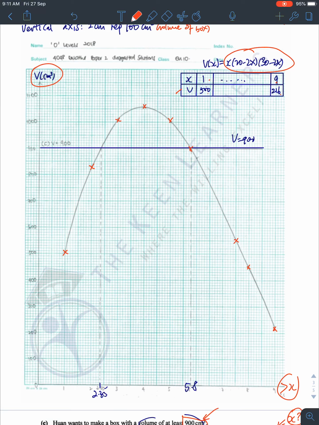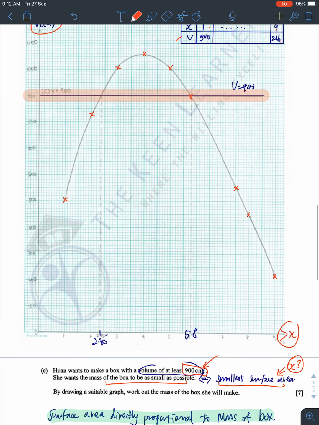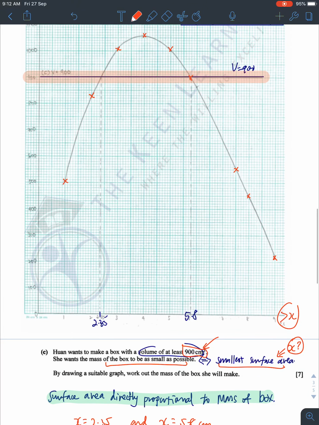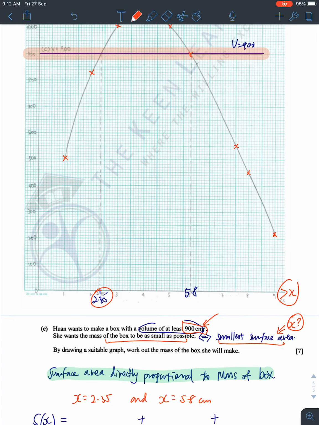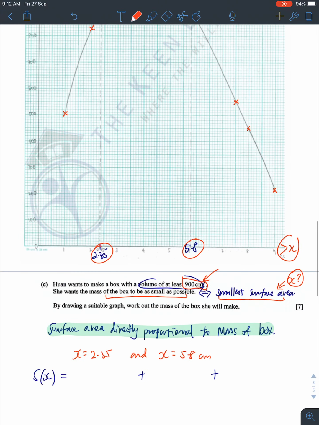So we simply draw a horizontal line that intersects 900 across the graph, and trace what x values we get when these two graphs intersect. So we realize that x equals 2.35 and x equals 5.8, when the box has a volume of at least 900 cm cubed.